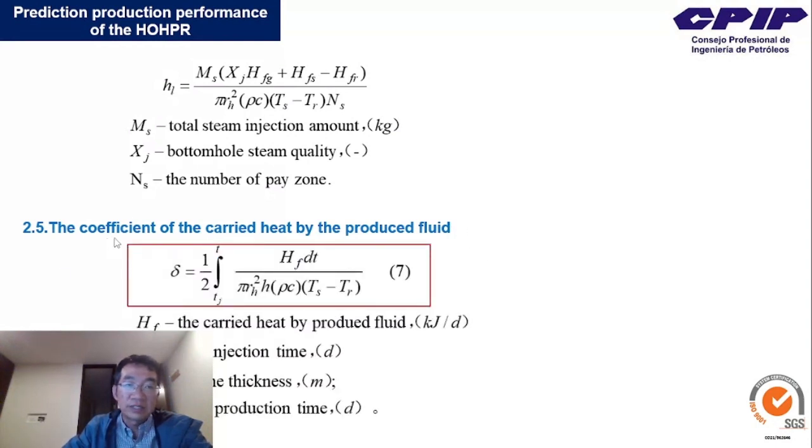The coefficient of the carried heat by the produced fluid, the formula is 7-1. HF, the carried heat by produced fluid, and Tg, steam injection time. H means pay zone thickness, and T means starting production time.